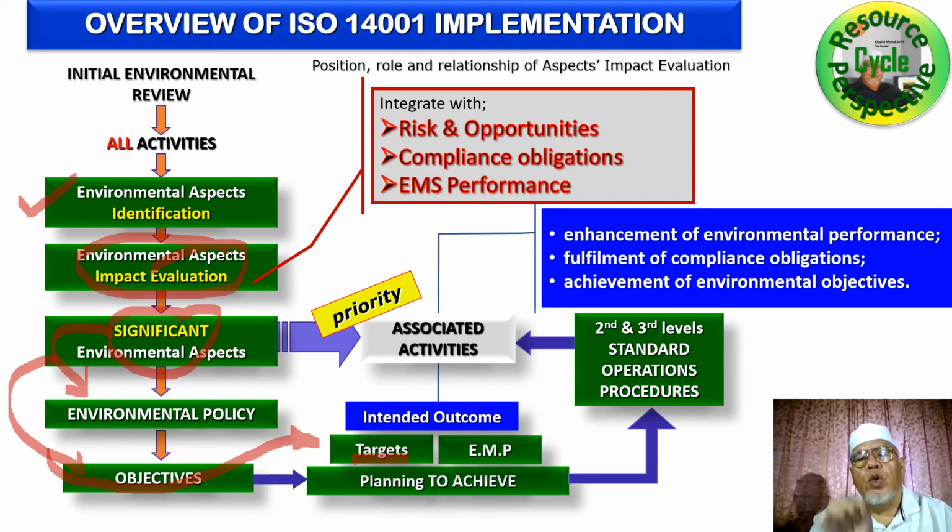Where should we arrive? Where, specifically? And in order to arrive at that, we need to have what they call planning actions to achieve it, and this is what we have: the environmental management program. These are all included, or summed up, as the intended outcome.